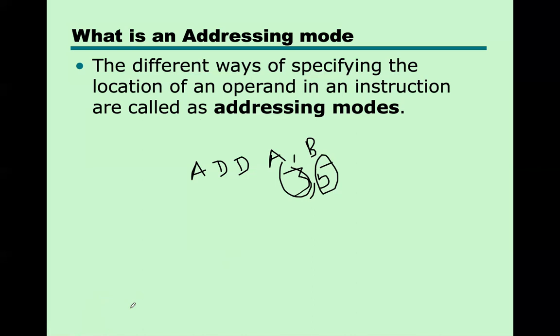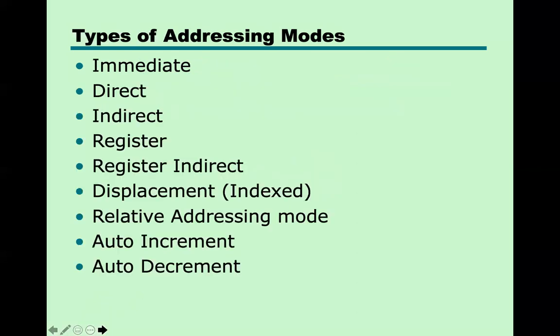In previous lectures, we saw what a direct address is and what an indirect address is. Here we will see some different ways of addressing. According to the processor, the system memory and the instruction architecture, these addressing modes are dependent. These are the different types of addressing modes we normally see in any system architecture.